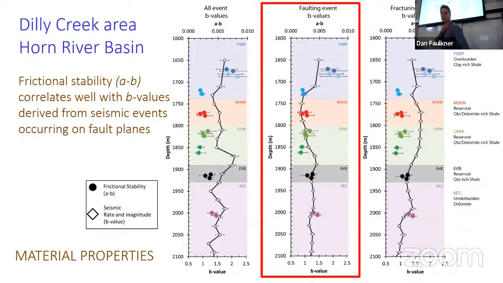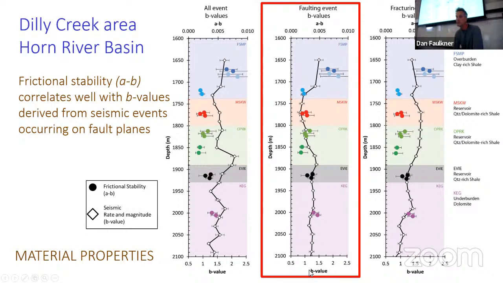So our goal here was to try to relate the seismic values that we've got here, these B values, to this lab measured frictional parameter A minus B, which tells you whether things are velocity strengthening or velocity weakening. And the central panel just here, outlined by the red box, shows the variation in B values, which are shown by the joined line, the small white diamonds joined by a black line just here.